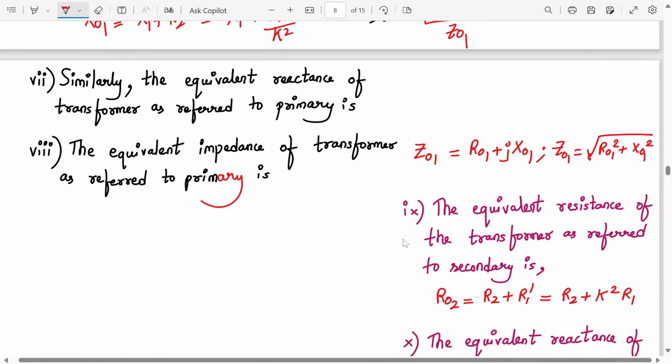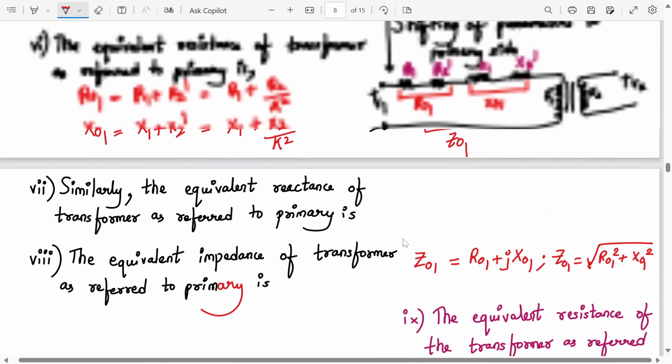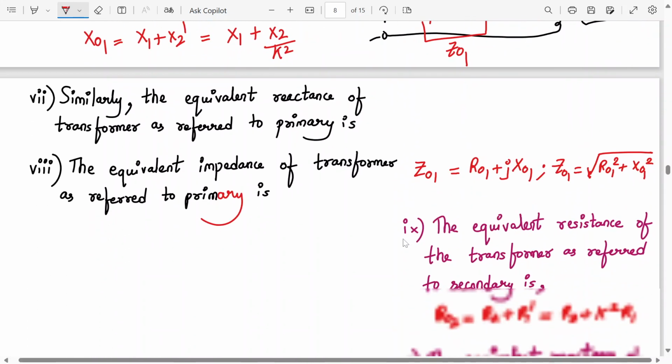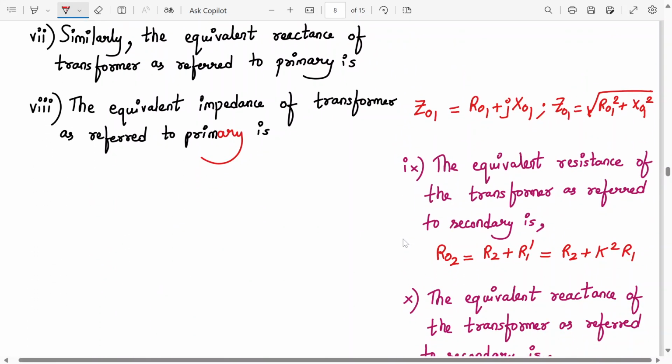Now we have transferred the secondary resistance into the primary. Next step, we may transfer the primary resistance to the secondary. So let's do that over here. First it was like this: R1 X1, R2 X2.